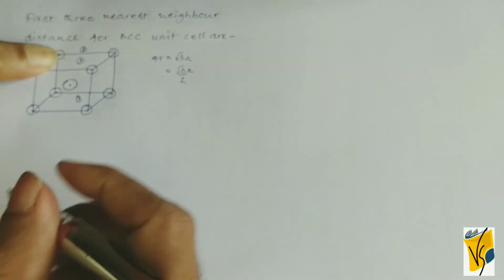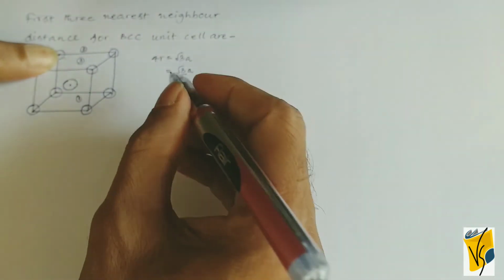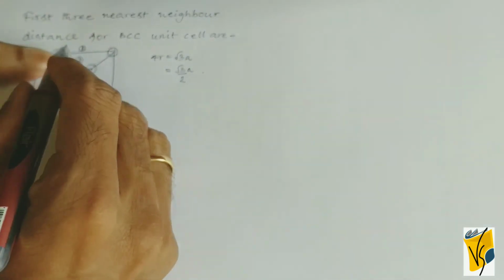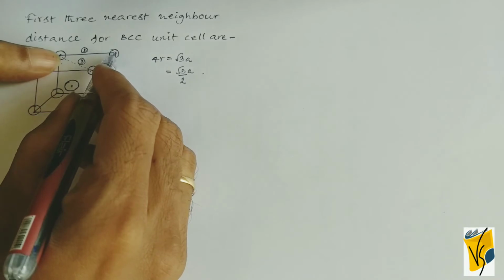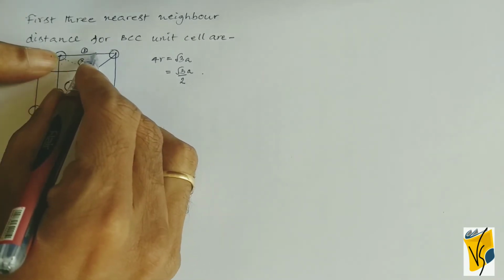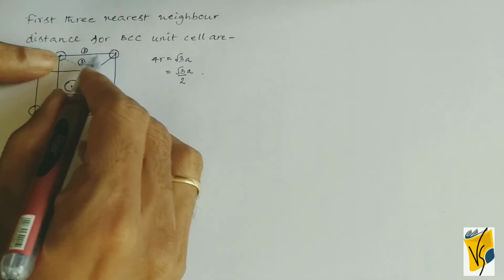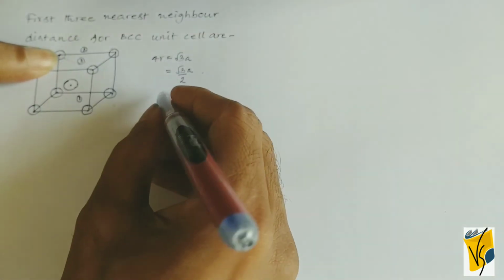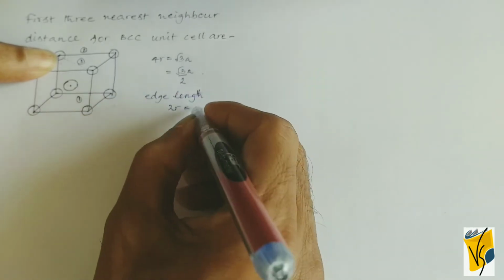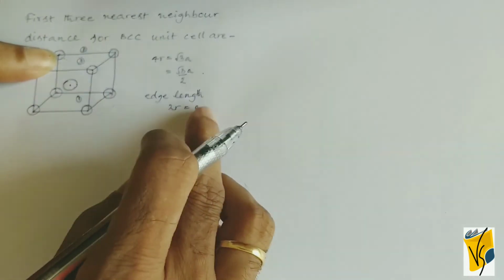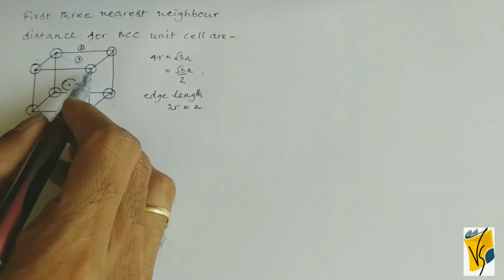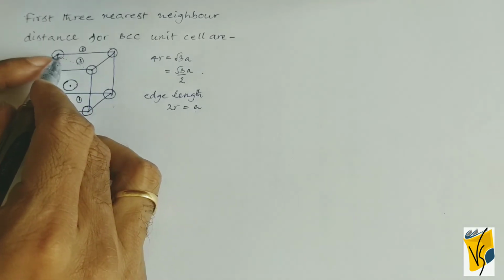This is the distance between first nearest atoms. The second nearest atoms are present in the corners like this. The edge length becomes the distance between these two. So what is the edge length? Edge length is equal to a, right? So it is nothing but the distance between second neighbors.